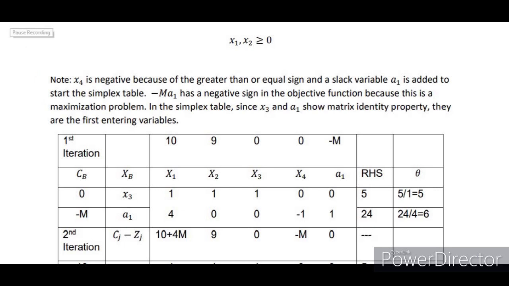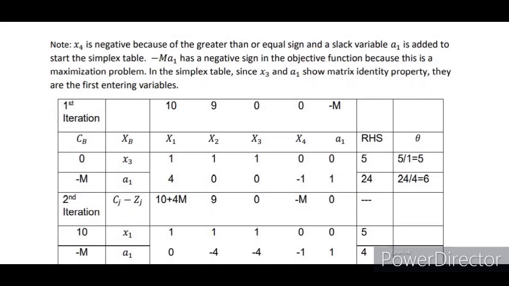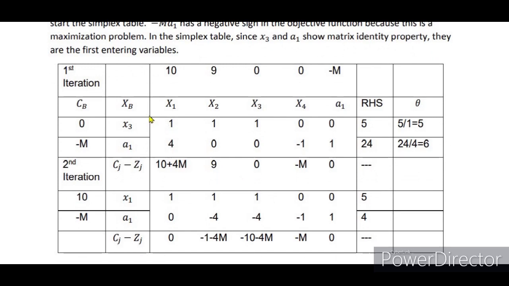So in the simplex table, since x sub 3 and a sub 1 show the matrix identity property, they are the first entering variables. Whatever variables show the matrix identity property, we will use them as the first basic variables under x sub b, to start our iteration.